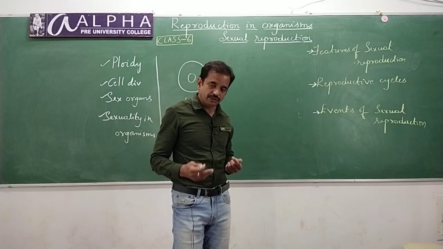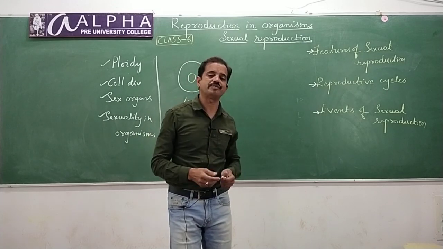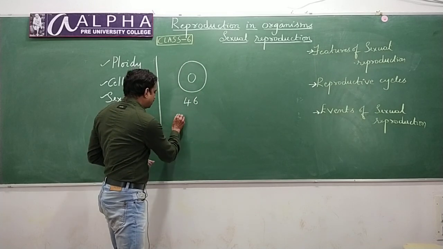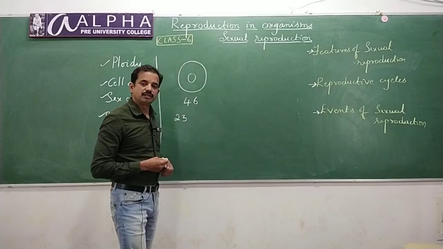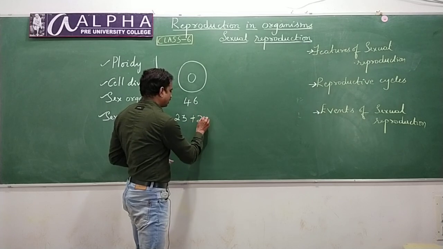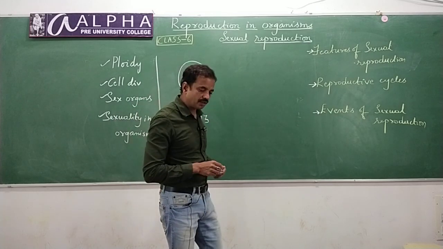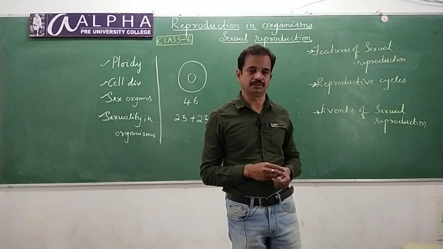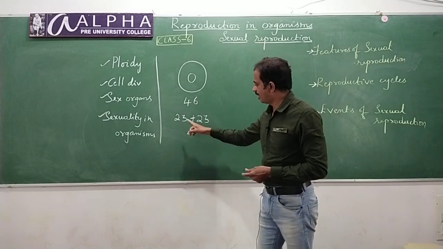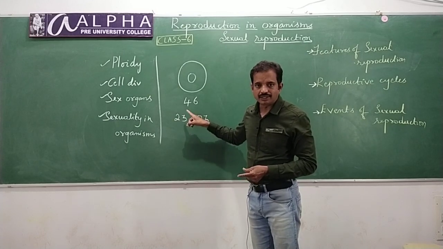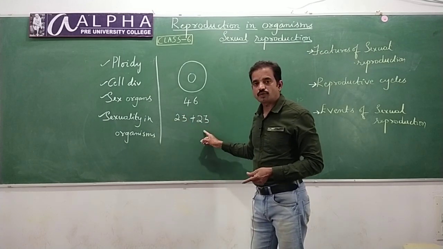Is it that we have 46 different types of chromosomes? No. We have 23 different types of chromosomes, and these 23 different types are present twice. So, what is the meaning of that? We have 2 sets of chromosomes. Each set has 23 chromosomes, and each individual chromosome is present twice.